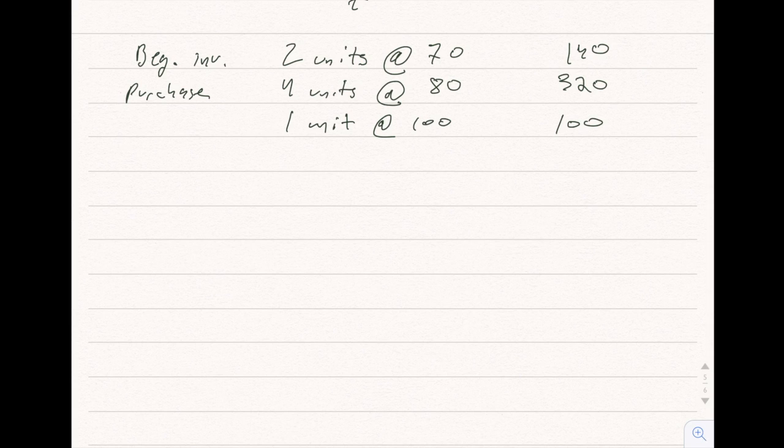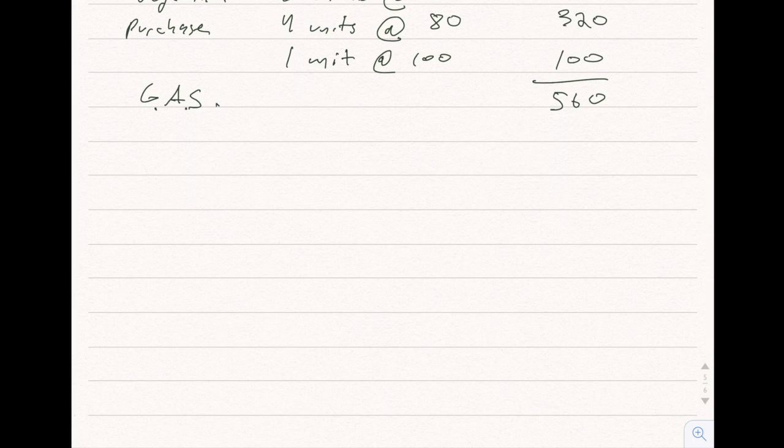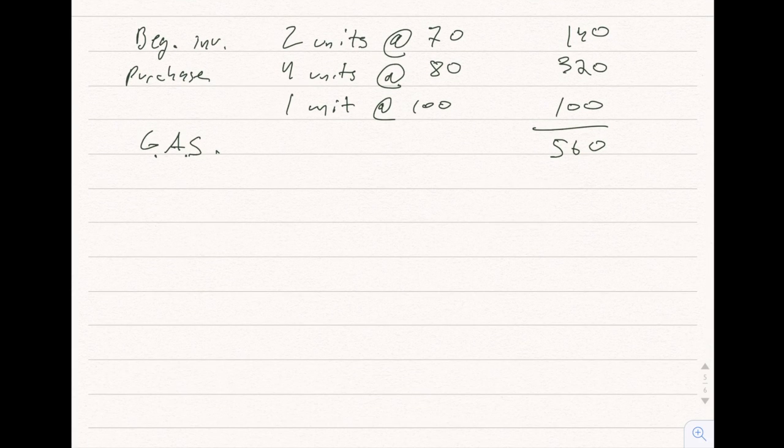So the goods available for sale, there's that phrase again, goods available for sale, right? 140 plus 320 plus 100, 560, just like before. So where it gets interesting now is your cost of goods sold are just going to be using this figure. It's very straightforward.